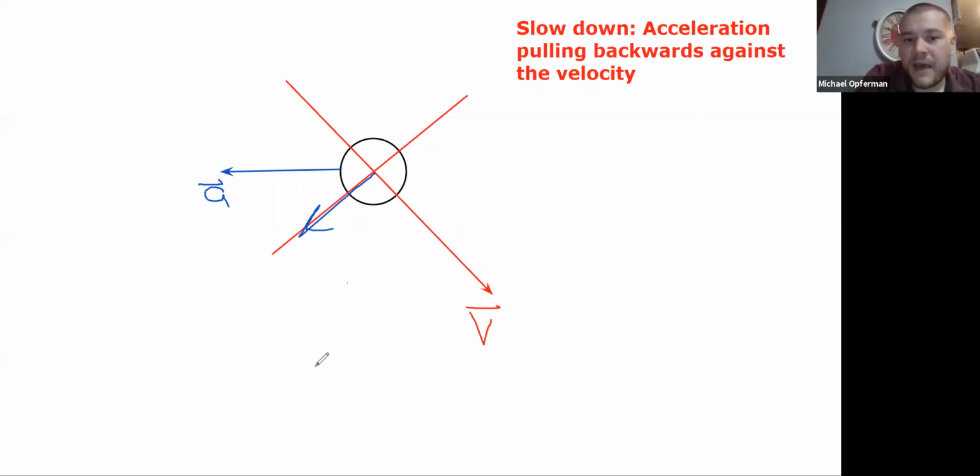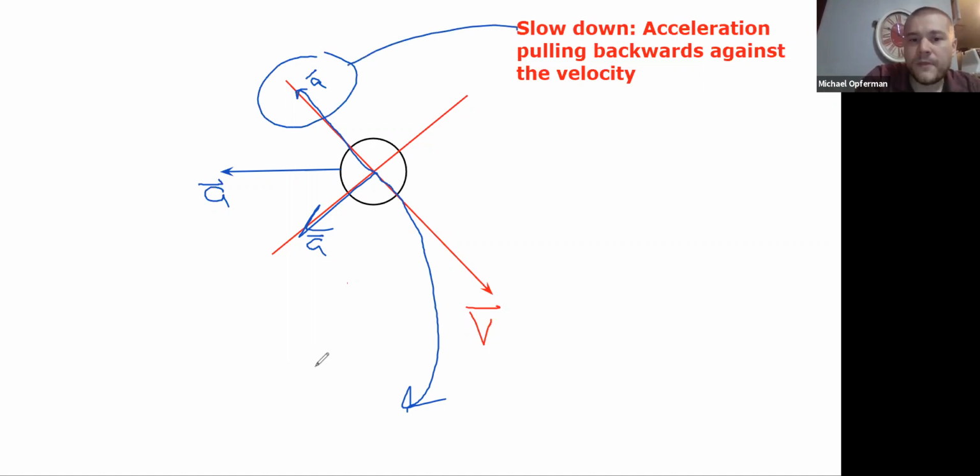So that means the path is going to turn this way. It's going to turn clockwise rather than counterclockwise, because the acceleration is tugging it in that direction. So that's how you interpret the acceleration. The acceleration is going kind of this way and this way. So this is the part that slows it down, and this is the part that's causing the turning.